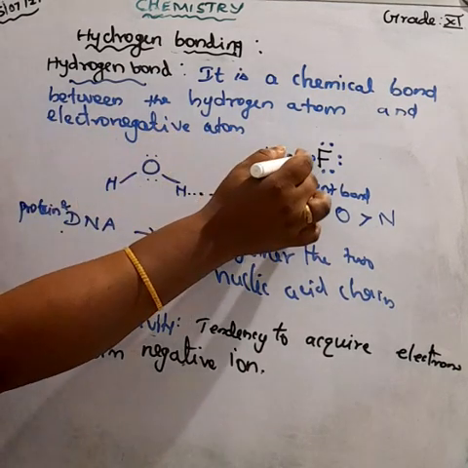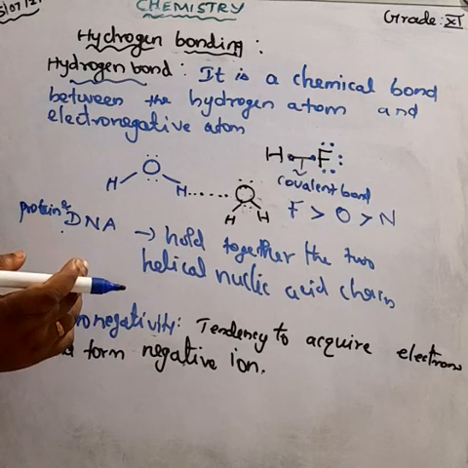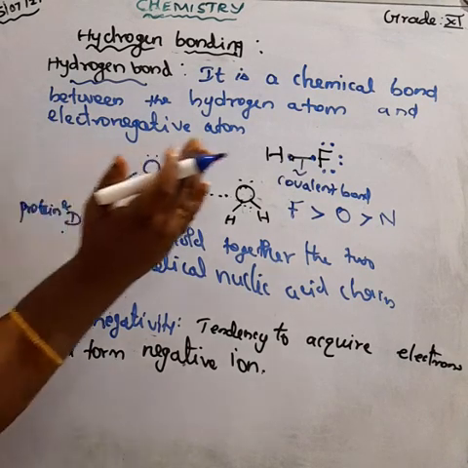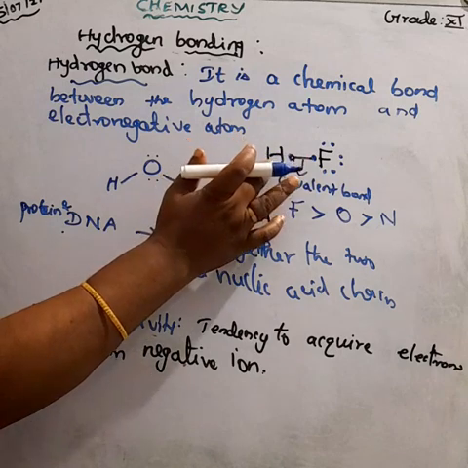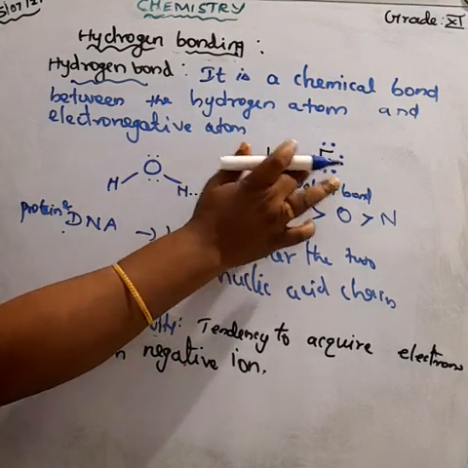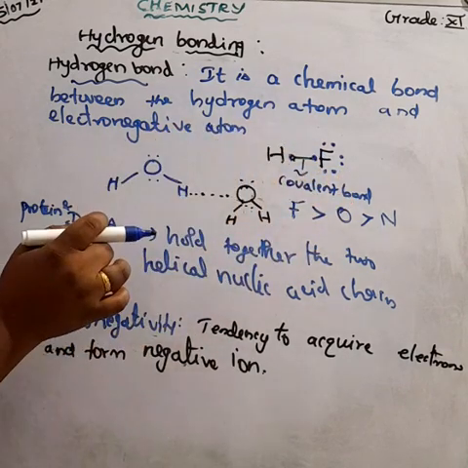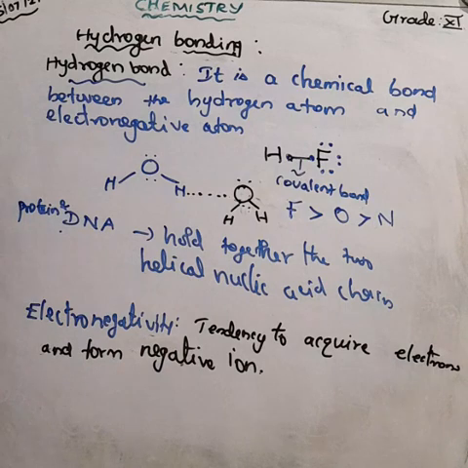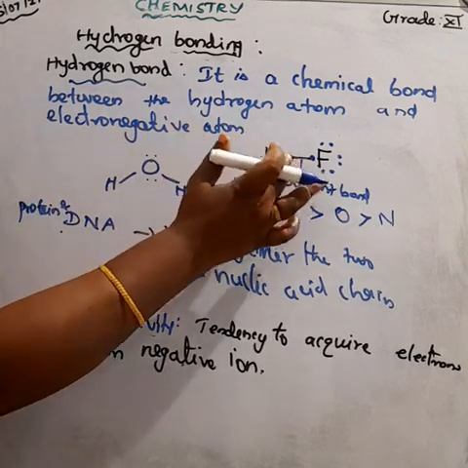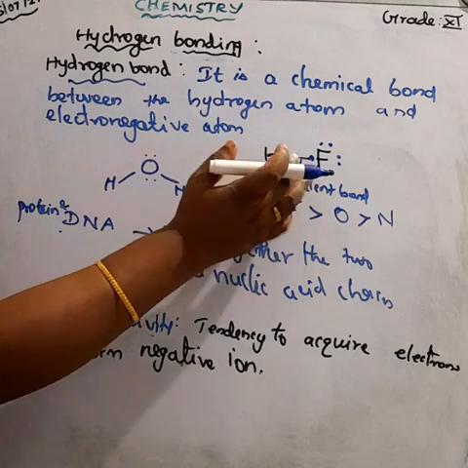What do you mean by polarized? What do you mean by polar? Here hydrogen is bonded with a highly electronegative atom, fluorine. Electronegative means the tendency to acquire electrons to form the negative ion. So fluorine always attracts the electron towards itself.